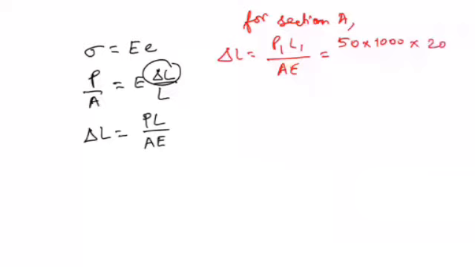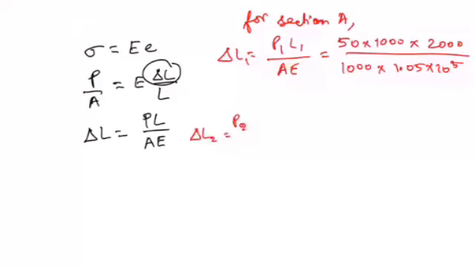L1 is 2000 here, divided by A, that is 1000, into 1.05 into 10 power 5. Similarly I can write for this, let me take this del L1, del L2, del L2 will be equal to P2 L2 by AE.